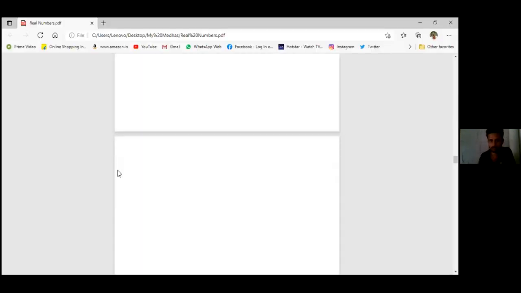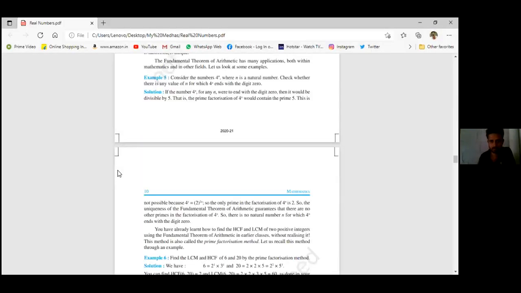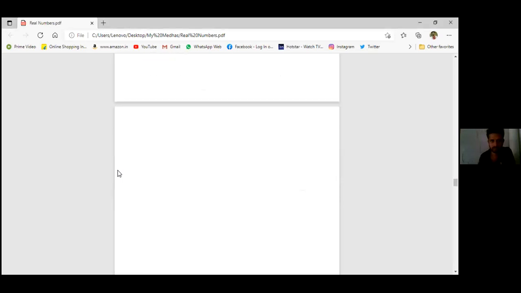The first one, theorem 1.5, states that let x be a rational number. I'll just show it from the textbook. Okay. Is the screen visible?